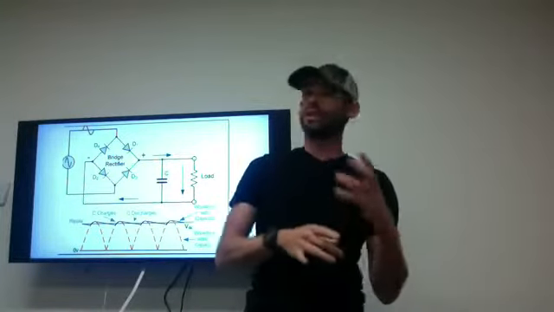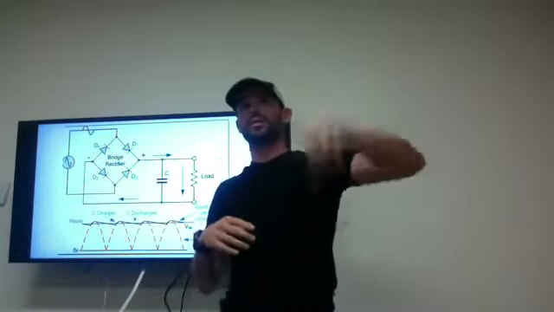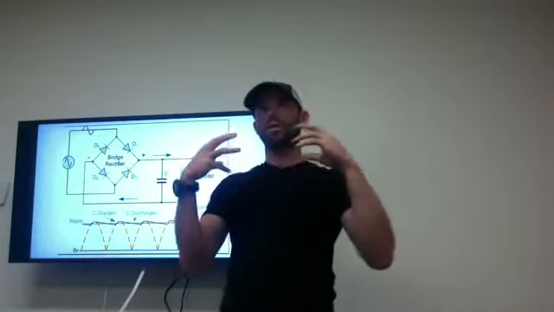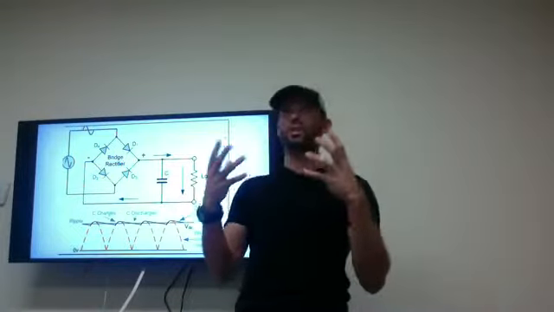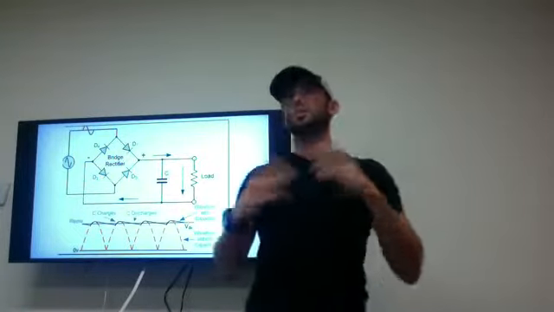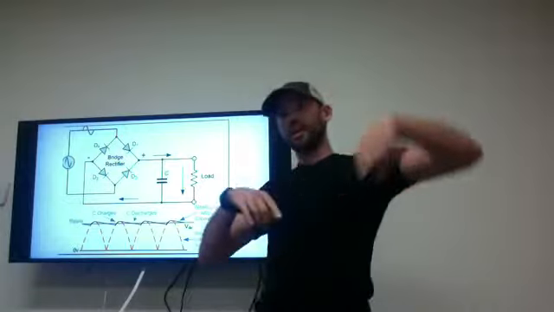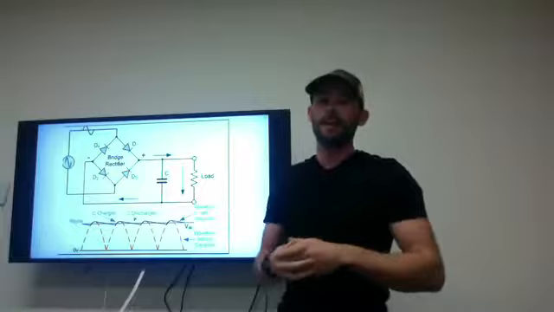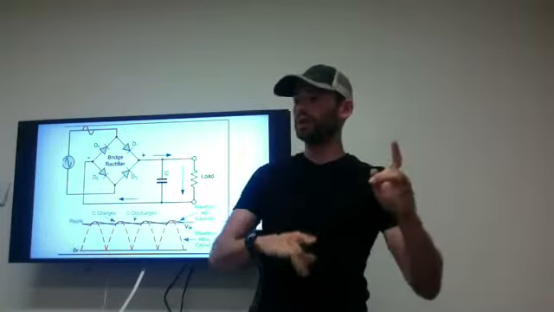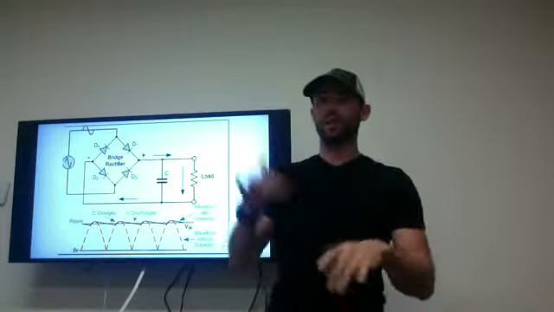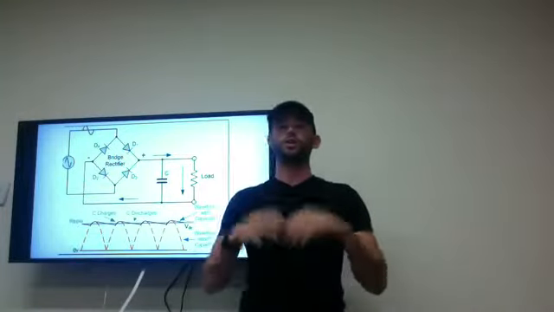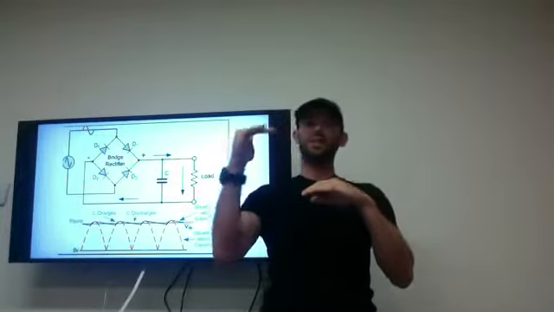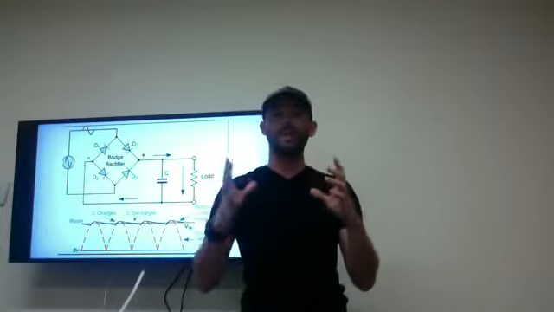The bridge rectifier takes the sinusoidal wave and creates a rectified signal, just the magnitude of that signal, which means you take everything that's negative and flip it onto the positive. This is now the input to the rest of the system, which is an RC circuit. The whole purpose of the RC circuit is to smooth out the signal in order to have a DC voltage, or an approximation of a DC voltage.